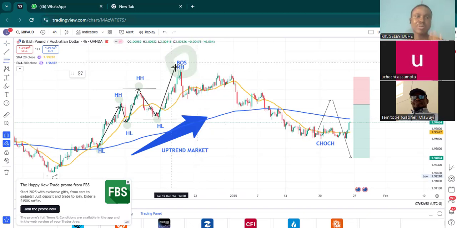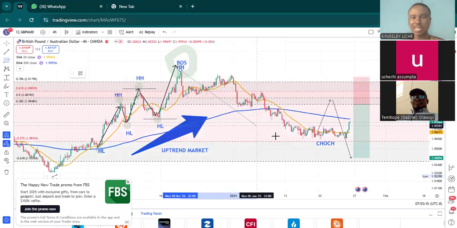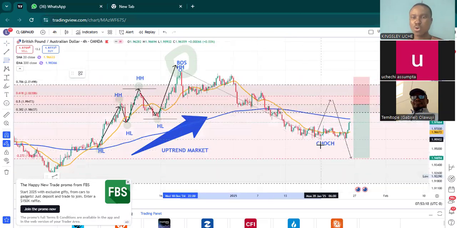Now, drawing a retracement tool, you need to draw it from the high, which is the break of structure, down to the change of character, which is the CHOCH. So now I'm going to draw it so you see how it works. I take my cursor to the high of the break of structure, one click, and you drag it down to the low of the change of character.